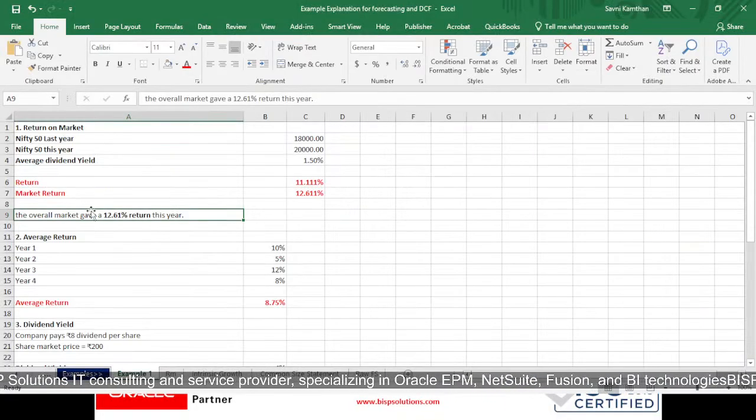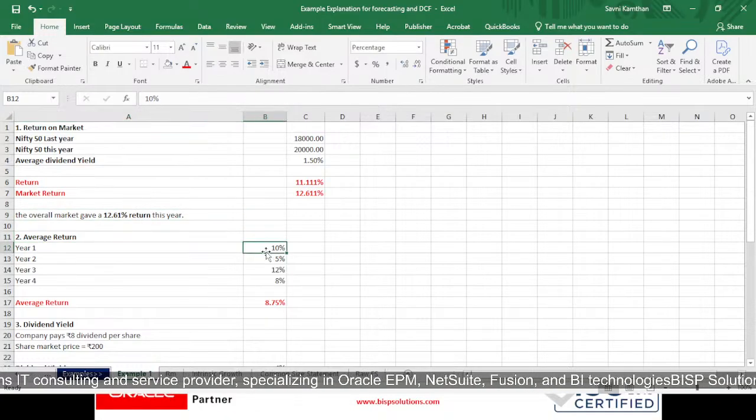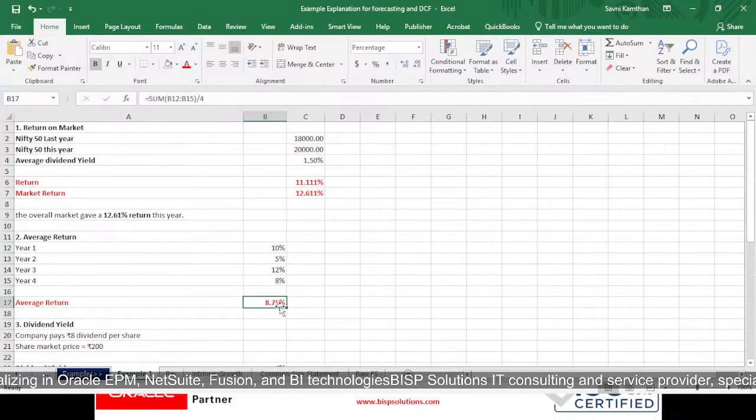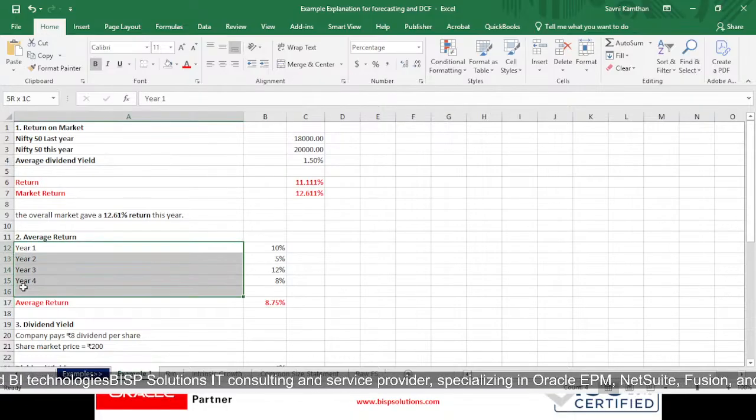So if we want to calculate, in year 1 10% was the return, in year 2 it is 5%, in year 3 12%, and in year 4 it is 8%. If we calculate our average return, we have done the sum of these numbers and divided by 4 because the years are 4.